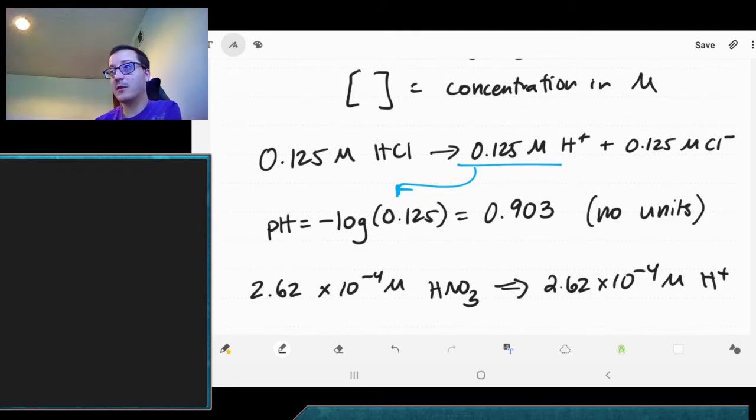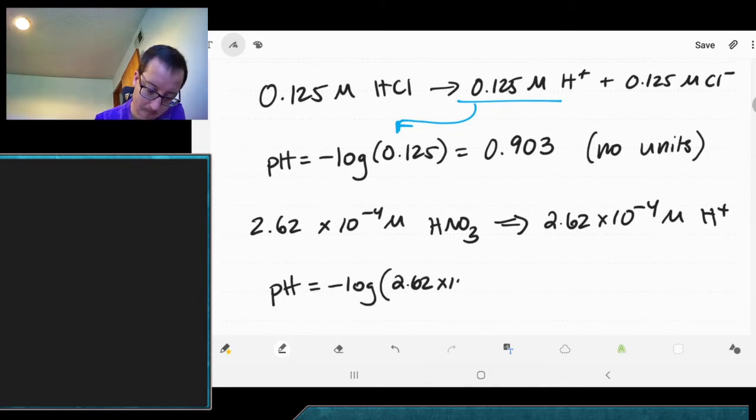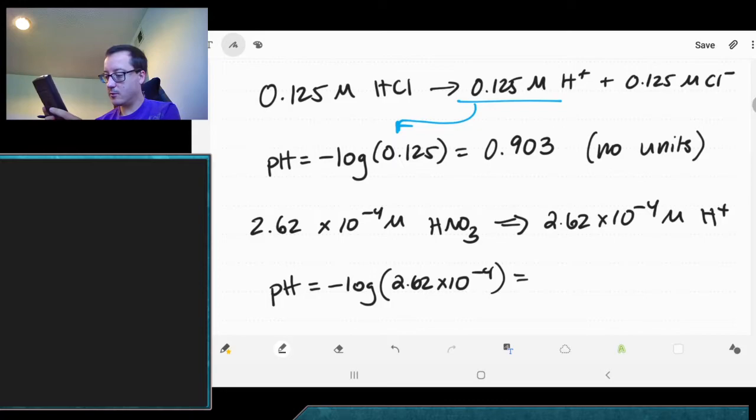So for our strong acids, remember, your acid concentration and your H plus concentration are the same, because strong acids are strong electrolytes, they break up completely. So if we do this, the pH of this solution, we can do that too, negative log 2.62 E negative 4. Out of that, we get 3.582.